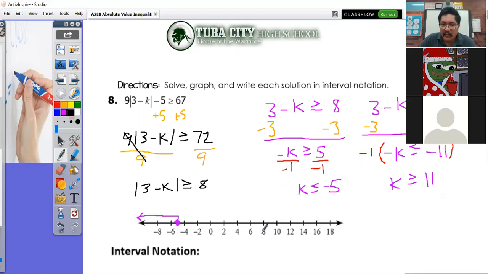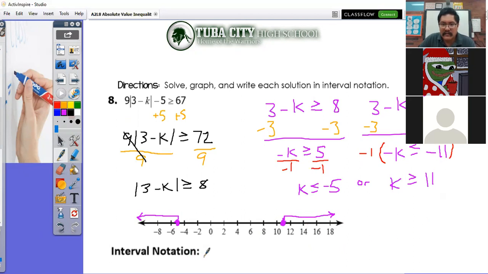I think, again, more people are familiar with this one nowadays. Oh, I need 11. 11 would be here. And k is greater than, so it's going to be opening this way. And in this case, they are disjointed, so we're going to have an or statement in there.